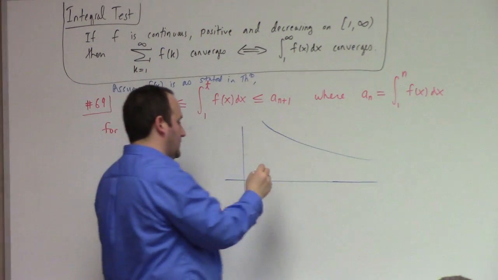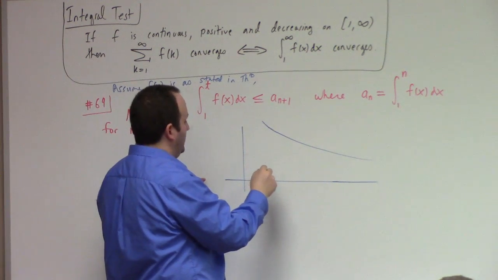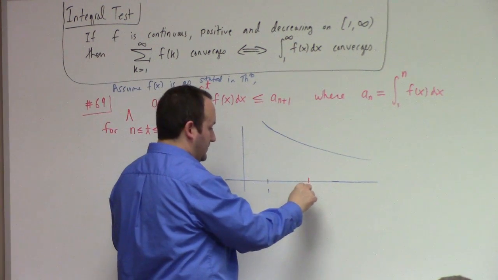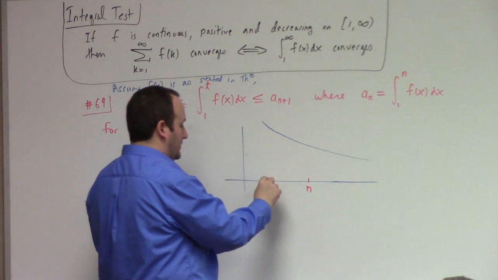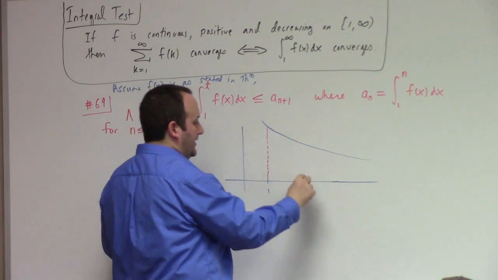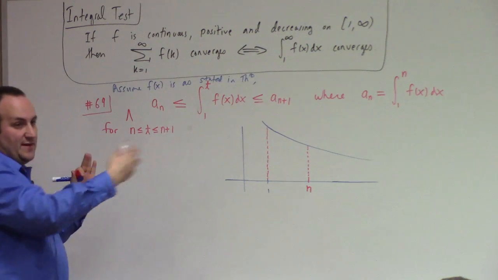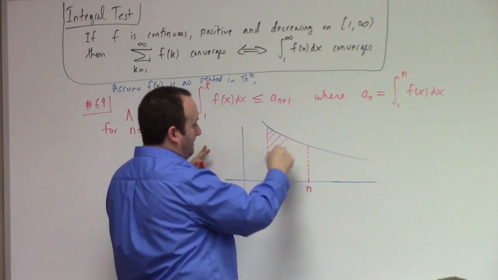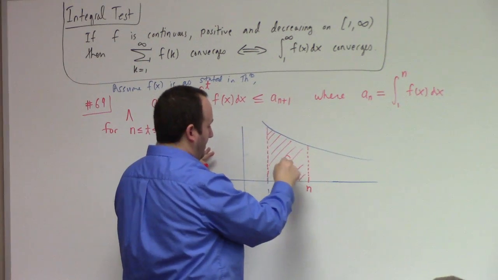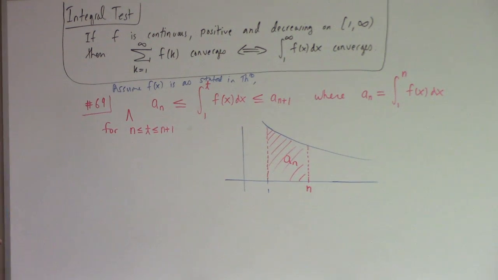So the integral from 1 to, so maybe here's n, right? What would a sub n be? A sub n would be the integral from 1 to n of f of x dx, right? So a sub n with this setup is this area. What would a sub n plus 1 be?